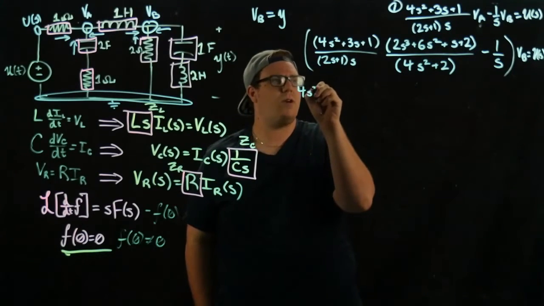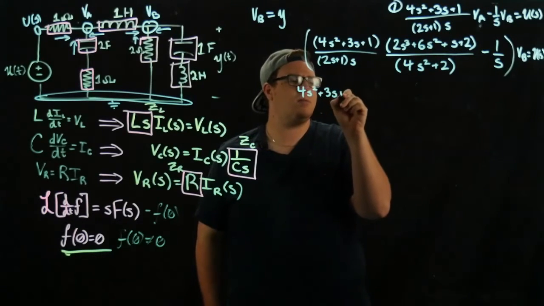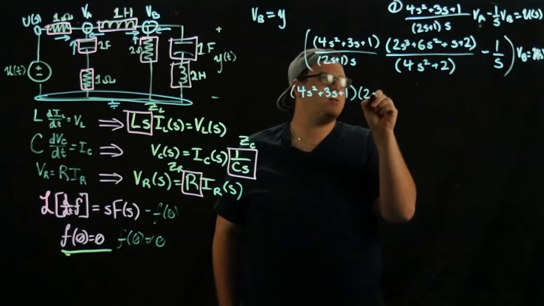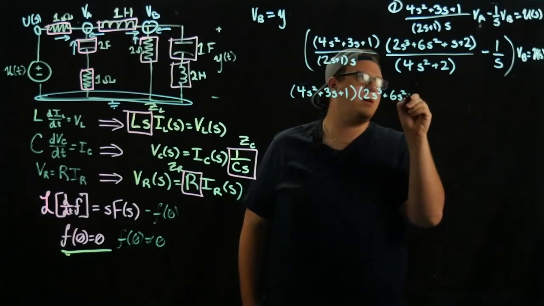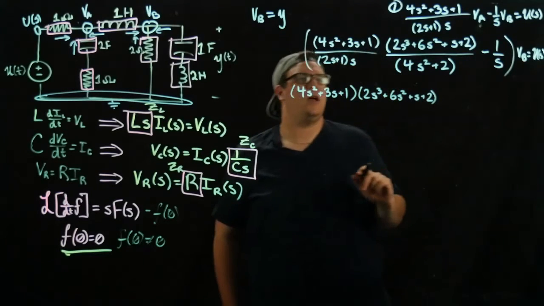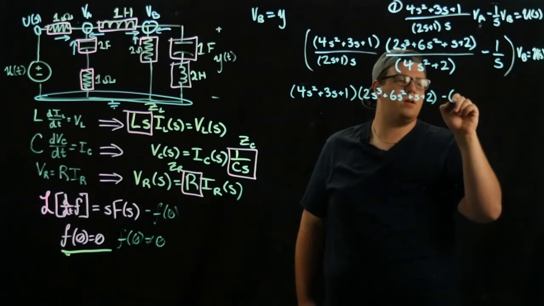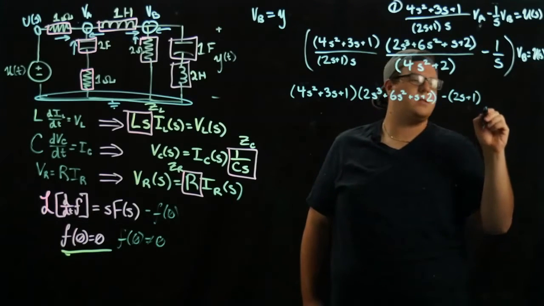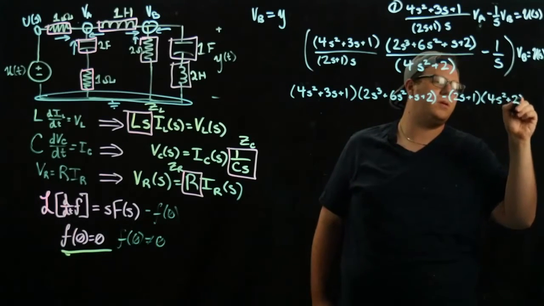So we have (4s² + 3s + 1) times (2s³ + 6s² + s + 2). And then over here, we're going to subtract off (2s + 1) times (4s² + 2).